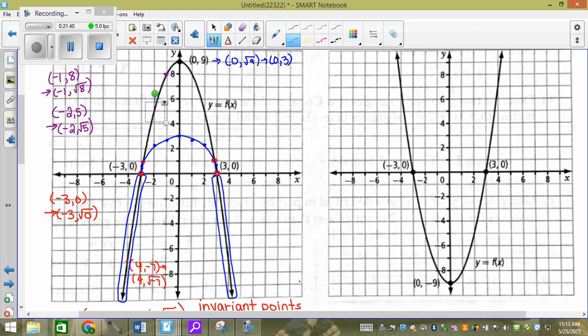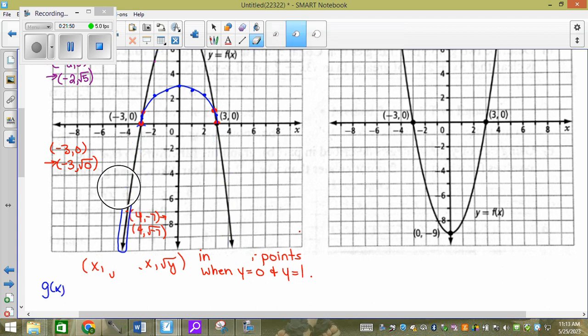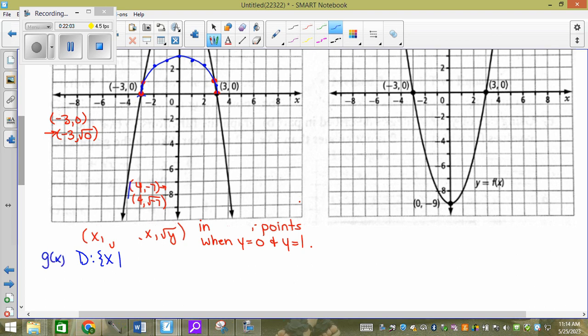So what's my domain of g of x? I should take these blues off because this looks like the graph's down here. So those went away. What's the domain of this g of x graph, this blue graph? x such that, what's it locked between? Negative 3 and 3.